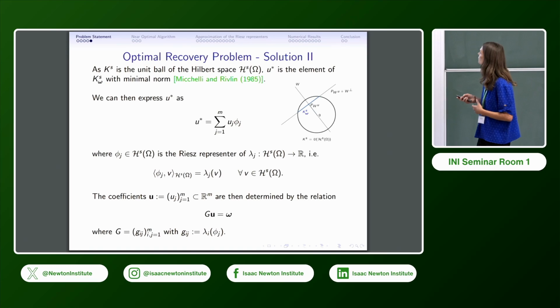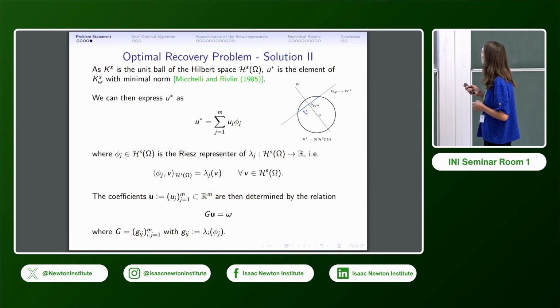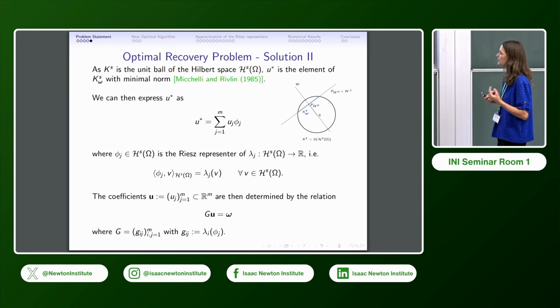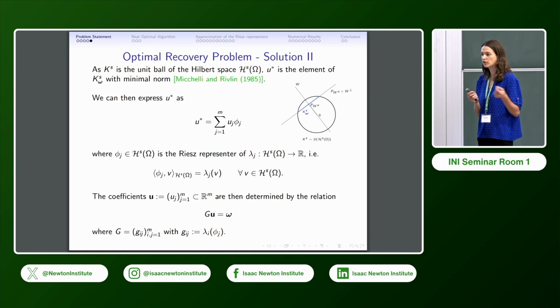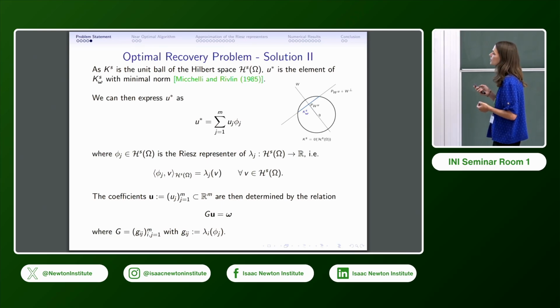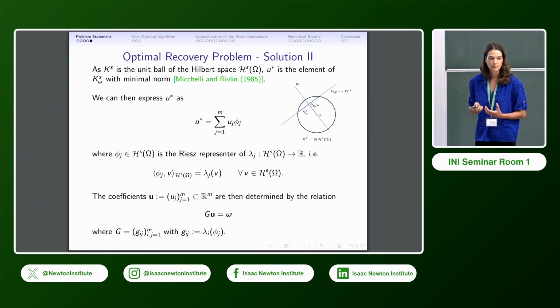And that's what I know about the U. So basically, if I fix W, I know where I'm sitting on this line here. So that's one piece of information. But then I can add anything in the orthogonal complement, and I'm not going to change the value of the measurements. If I add anything from here, then the function will still satisfy the given measurements.